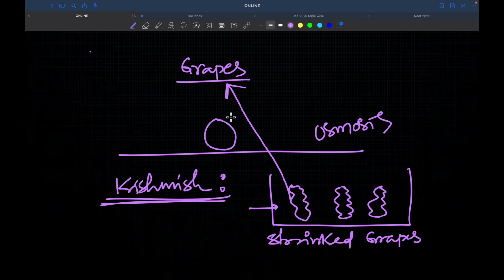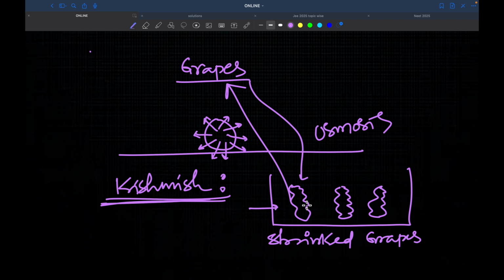The water content inside the grape gets evaporated through the semi-permeable membrane of the fruit, and the concentration inside the grape becomes higher and higher, and the grape becomes a raisin.